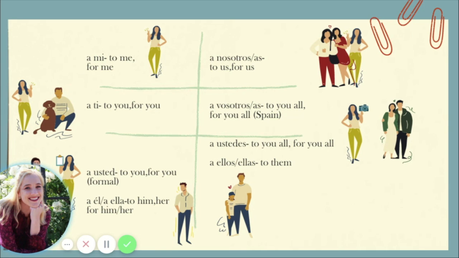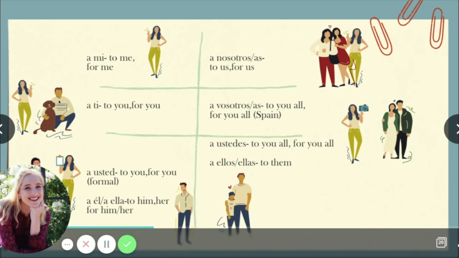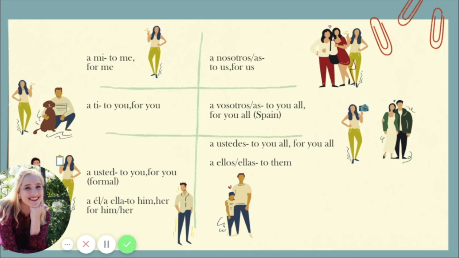A ella, to her, for her. To us or for us would be a nosotros. To you all. To you, if you is plural, we would say a vosotros. Okay. Or if we're not in Spain, which most of the time we're not going to be, we'd say a ustedes. And then finally we have to them or for them. A ellos or ellas.